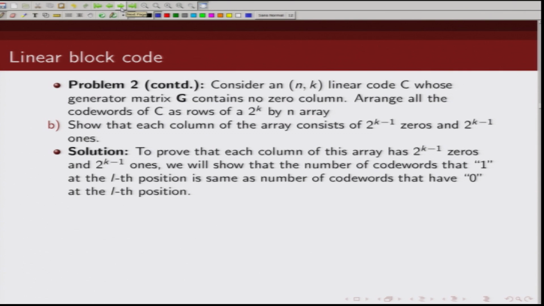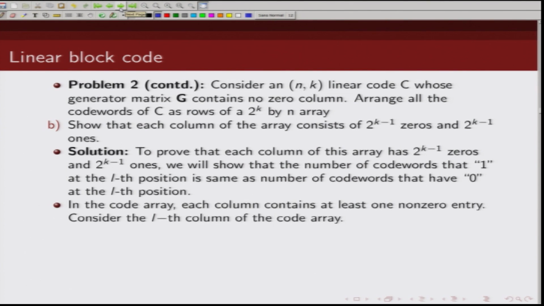To prove this, we will show that the number of code words that have 1 at the lth location is the same as the number of code words that have 0 at the lth location, and in this way we will prove that this array has the same number of zeros and ones.